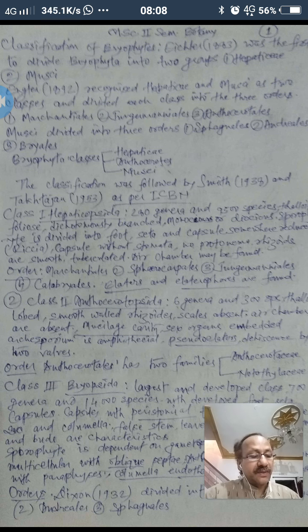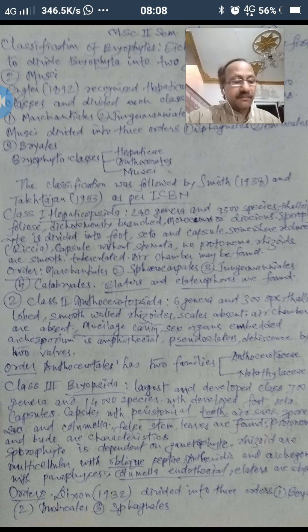Class Hepaticopsida has 280 genera and 9,500 species. The thallus is foliose, dichotomously branched, monoecious or dioecious. The sporophyte is divided into foot, seta and capsule. Some are reduced, like Riccia, with a capsule without stomata.